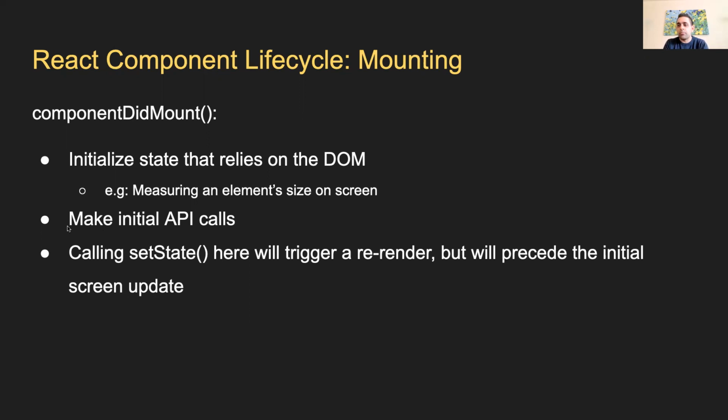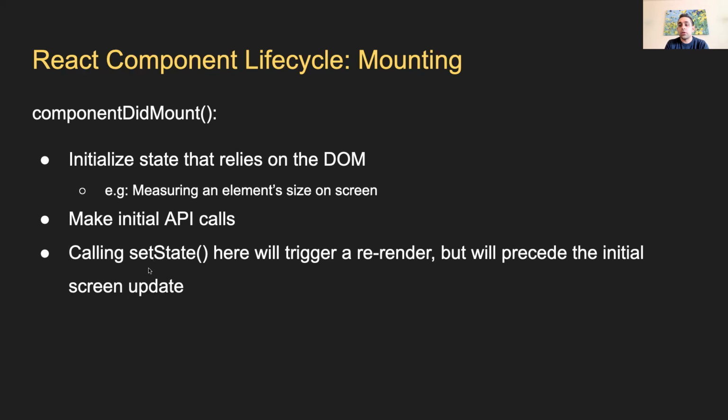So once the DOM is ready, that's where we can make our initial API calls. If you are curious why that's recommended, hit the Googles. I did some research and didn't get a clear answer, but it's just best practice to do your API calls here instead of elsewhere.